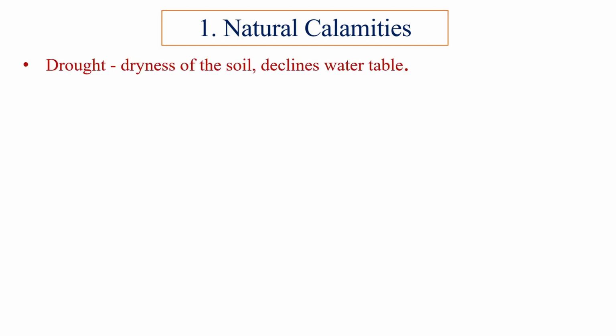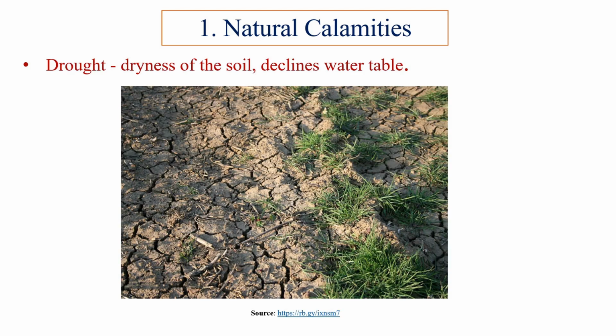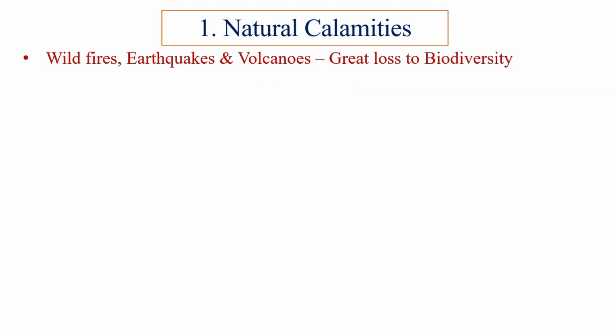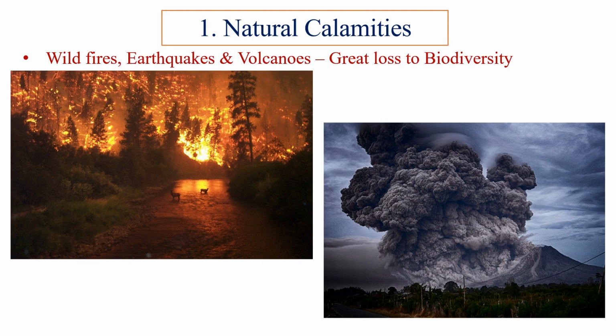Drought results in the dryness of soil and declines the levels of the water table, which leads to the suffering of animals as well as plants. Similarly, wildfires in extremely dense forests and earthquakes significantly destroy the life of organisms and thus affect biodiversity. Volcanoes also smash up the life of animals and plants in nearby areas.